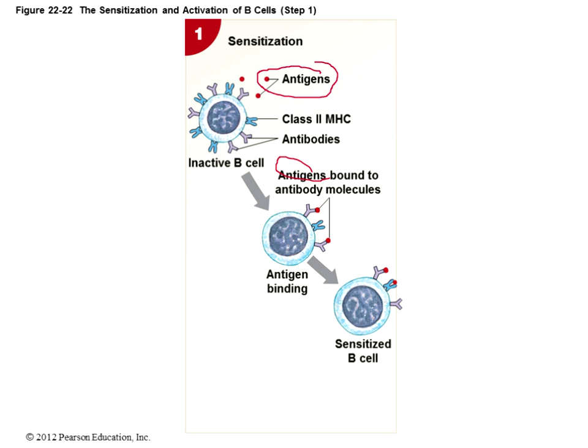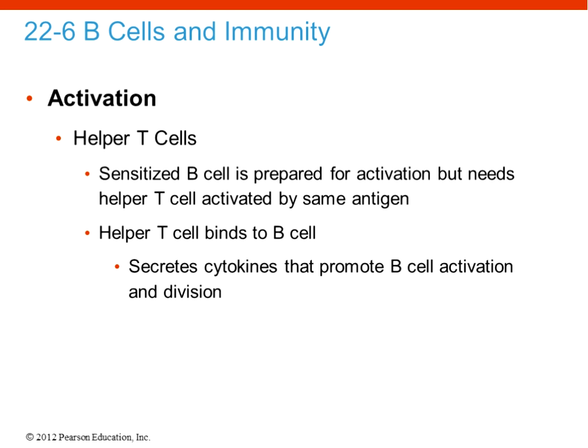This B cell will be inactive until that antigen binds to that specific B cell. Once it does that, that B cell is now sensitized to that specific antigen, right? So it's sort of like the activation of the T cell that we talked about previously. It has to be sensitized to that specific thing first before it's going to respond to it. So that's the first initial step.